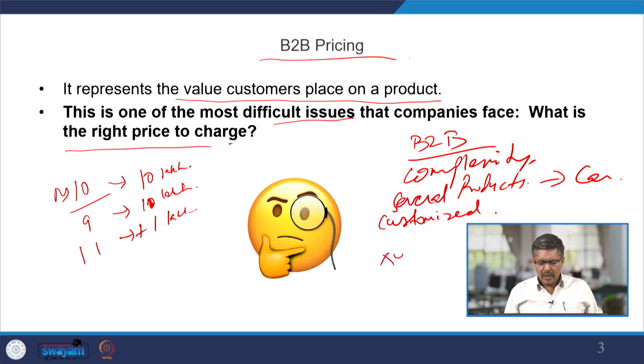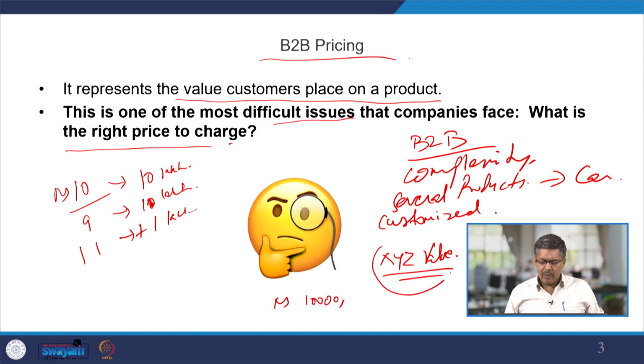Now, what do I mean by value? Let us say I am buying an XYZ valve, and if this valve breaks down for some reason, the cost of the valve may be only rupees 10,000, I am just giving an example.